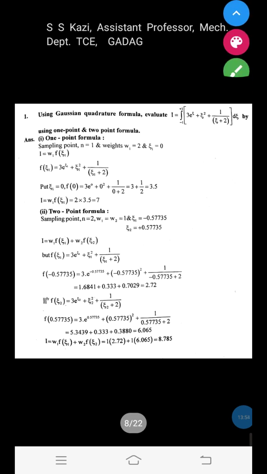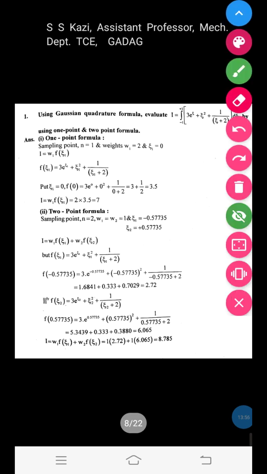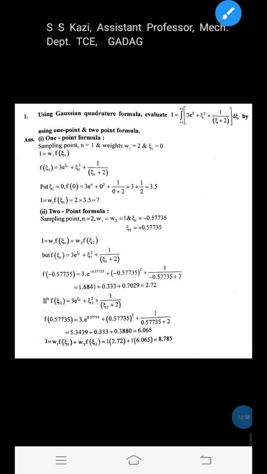Now, next we will move on to the problem we have solved in the previous video. We have evaluated the integration from minus 1 to plus 1 of 3 e raised to zeta plus zeta square plus 1 by zeta plus 2, with respect to zeta, using the 1 point and 2 point formula. You just go through that particular video.